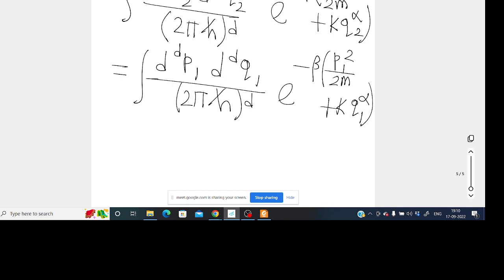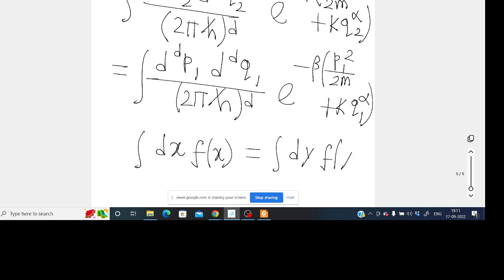Yes, sir. I am just doing this thing. Let's say you have some function f(x), you are integrating it over x. So you can always do just what you are doing here, you are taking x equal to y.